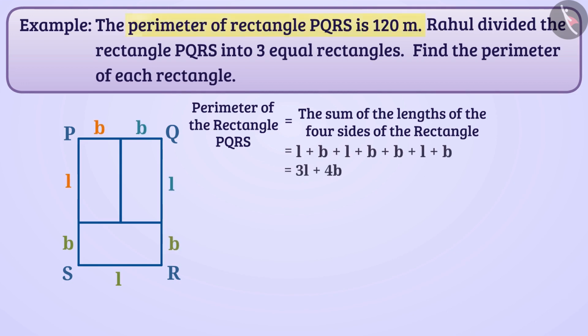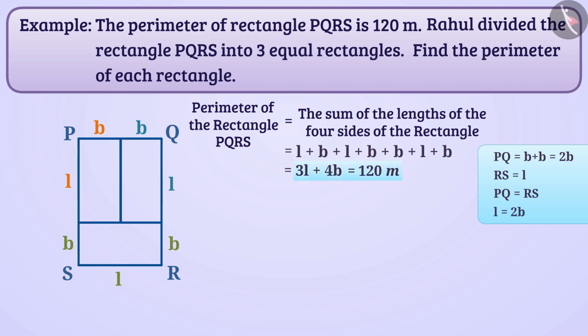We are given perimeter 120 meter of the rectangle PQRS. So, we can say that 3L plus 4B is equal to 120 meter. Here, the side PQ is equal to B plus B, which is 2B, and the side RS is equal to L. Since the opposite sides of a rectangle are equal, PQ is equal to RS, that is, L is equal to 2B.